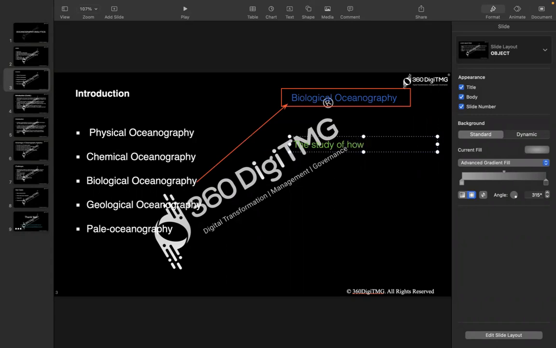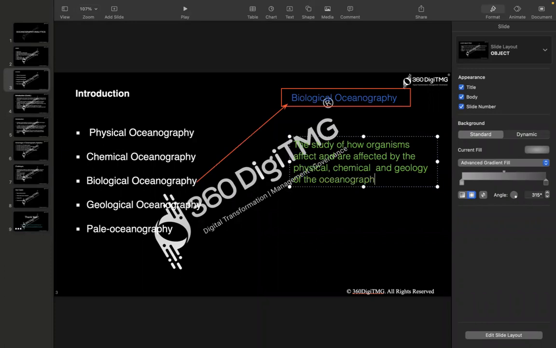The study of organisms affected by the physical, chemical, and geological oceanographic systems.